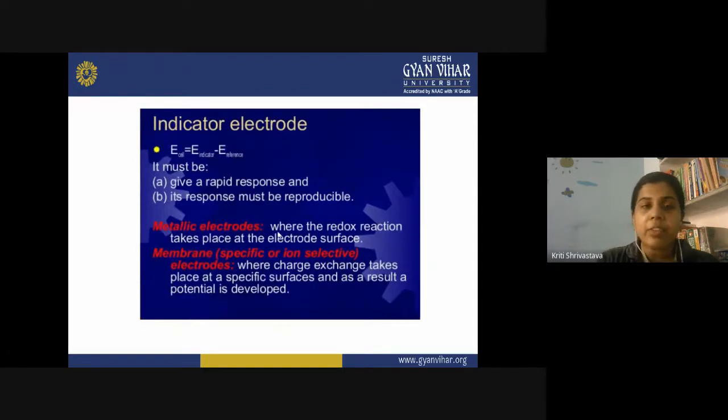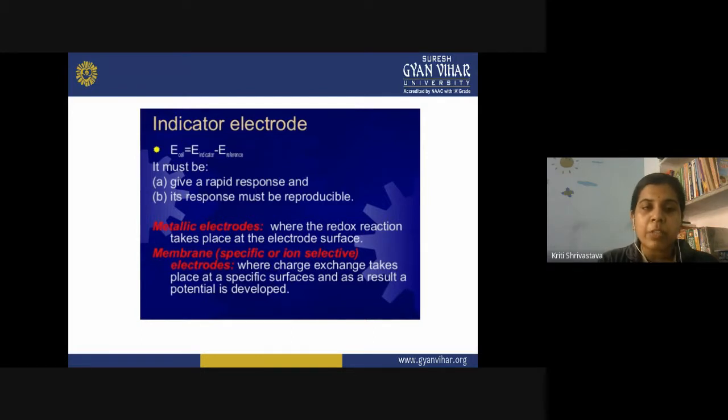The next electrode that we use in our voltammetric experiment is the indicator electrode. So the indicator electrode is actually my working electrode and it is dipped inside the analyte solution. And whether my analyte is going to oxidize or reduce, that reaction will take place on the indicator electrode.